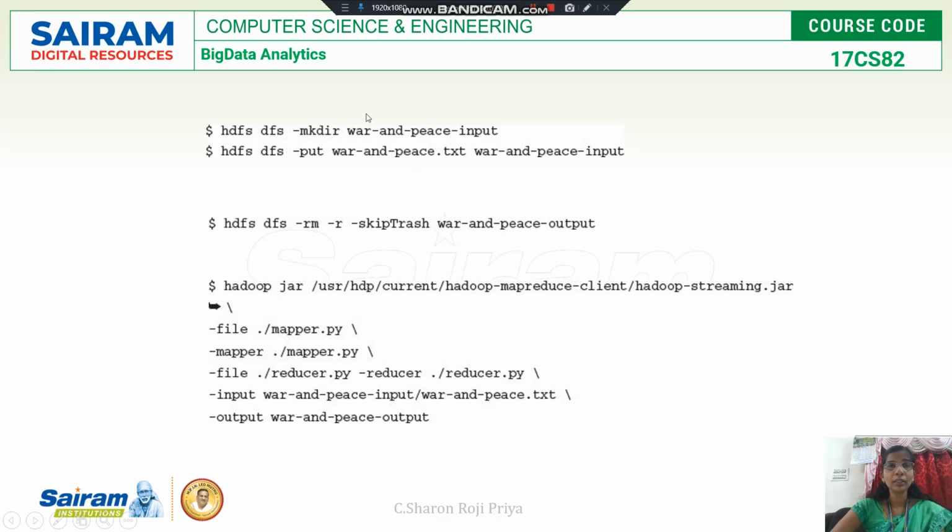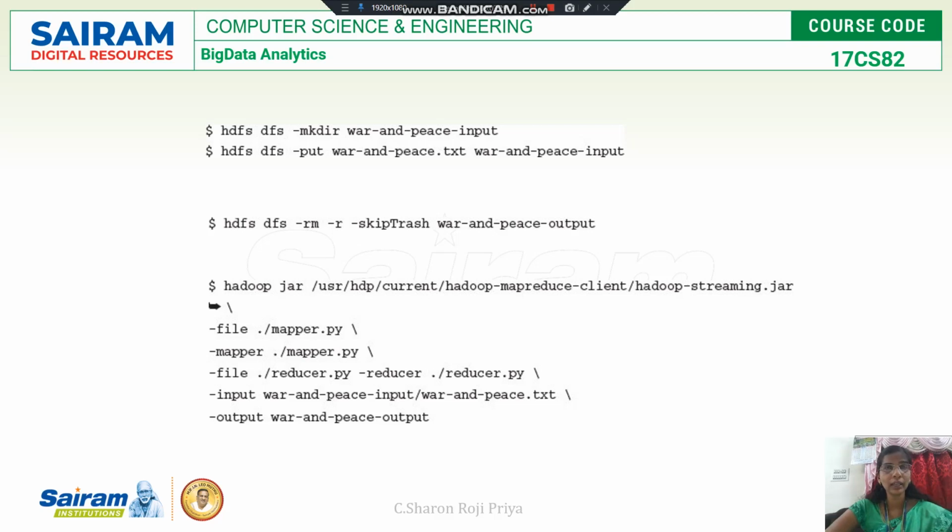If an output directory is already available in your distributed file system, you have to remove it, because the output directory will be created only when you execute your program. When you execute your MapReduce program, the output directory will be created.